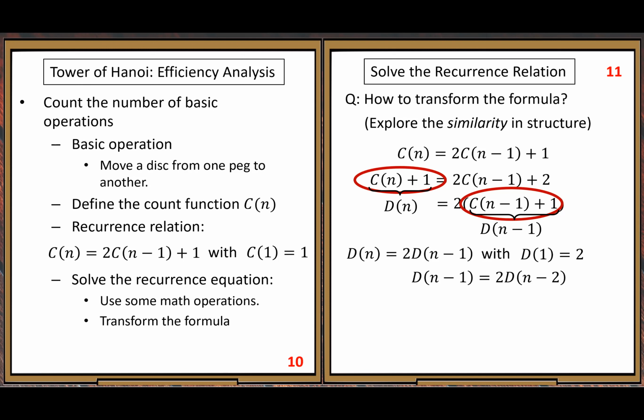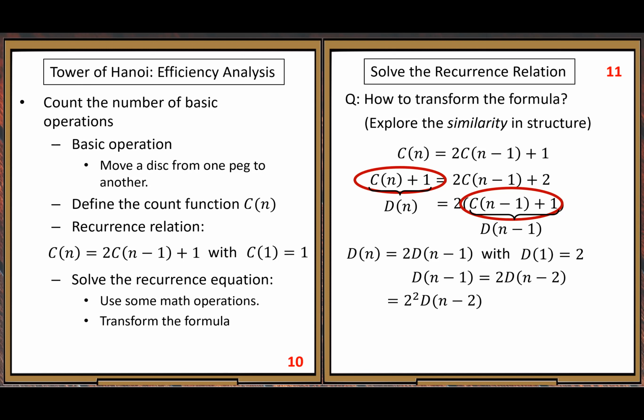Let us apply this formula, but this time we change n to n minus 1, so the right-hand side has n minus 2. We apply that recurrence relation another time. After simplification we get 2 squared times D of n minus 2.